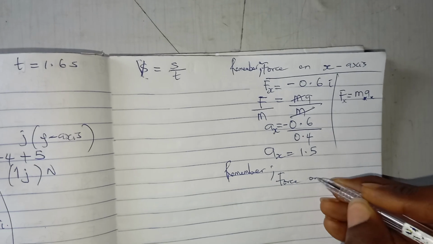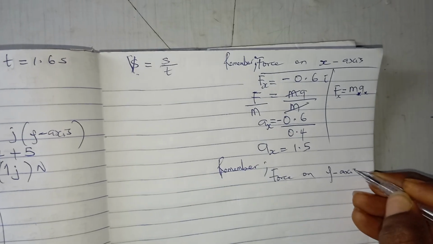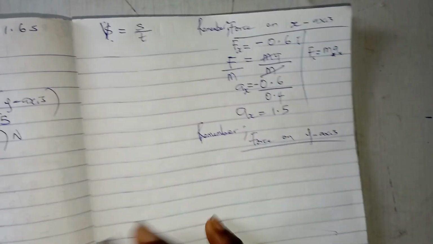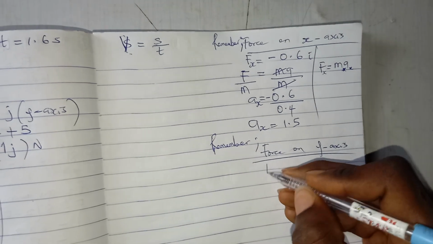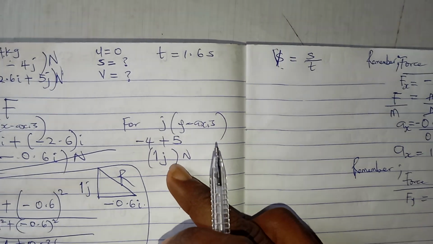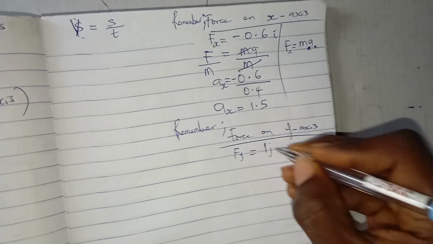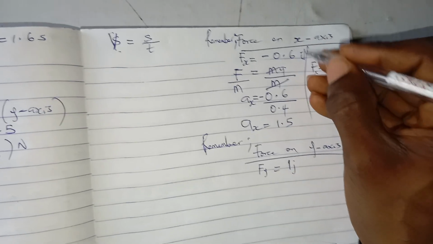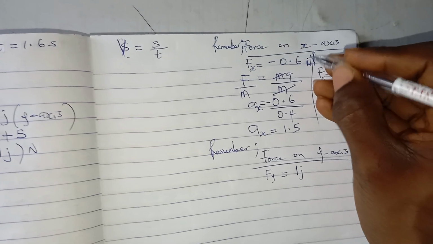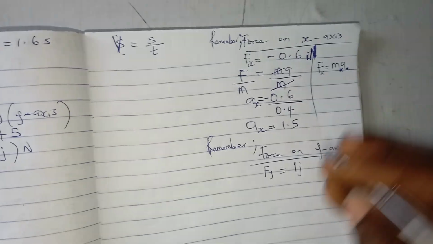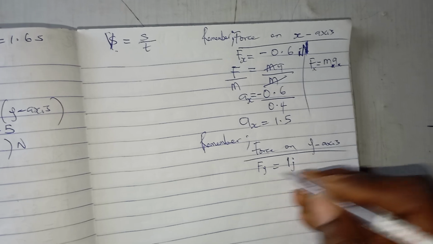Force on the y-axis, which is the j-axis, is the same thing as saying F on the y-axis is equal to 1 g, or you say 1 Newton, which is the same thing as j.